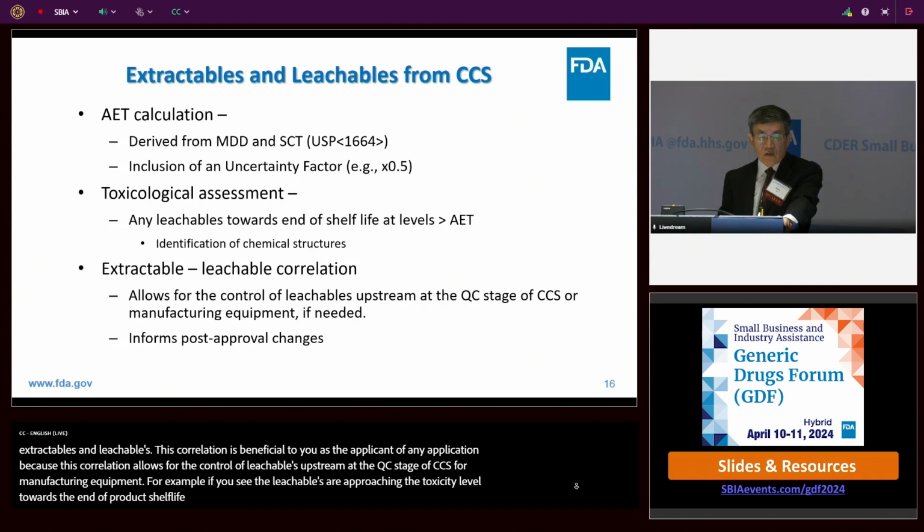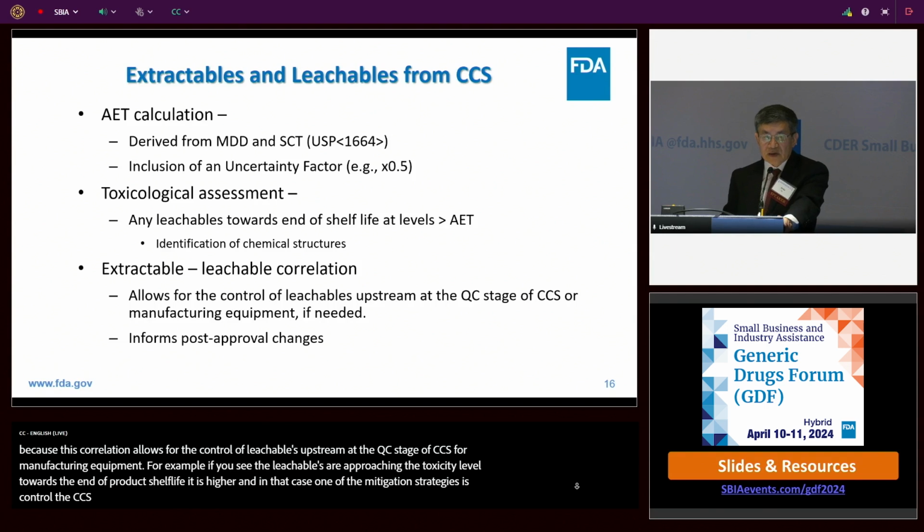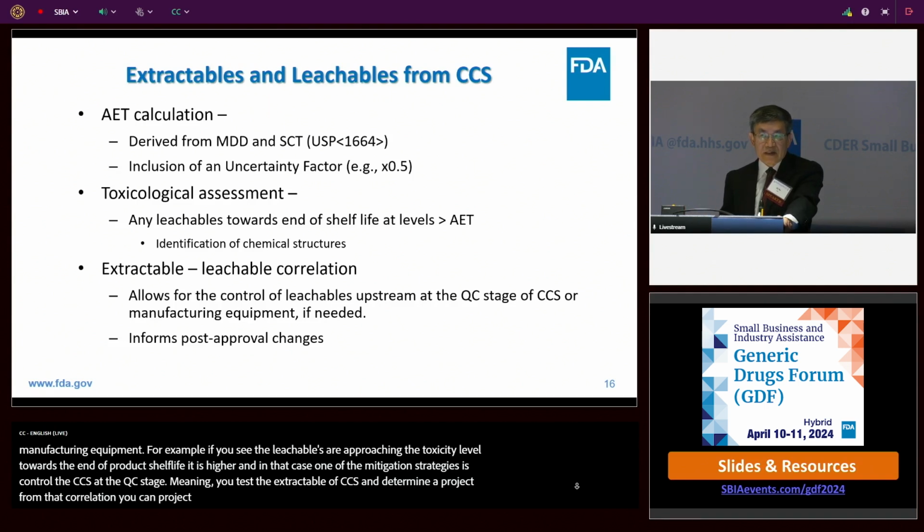In that case, one of the mitigation strategies is to control the CCS at the QC stage, meaning that you test the extractables of CCS when you receive a lot of CCS, and from that correlation you can project what the leachable level will be in the product and decide if you want to accept that lot of CCS for manufacturing or you want to reject it.